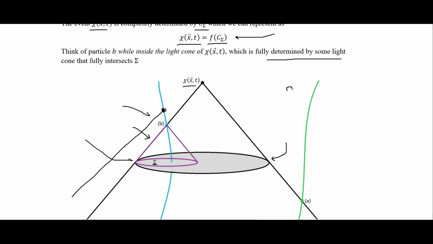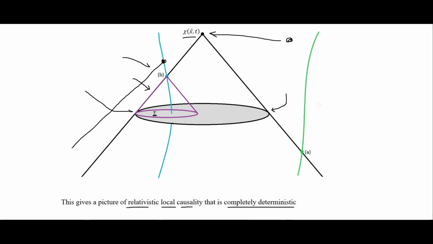So something over here is not influencing that instantaneously when it's not inside that light cone. But also deterministic in that something that happens here at chi is completely determined by a description of everything on this time slice here at sigma.